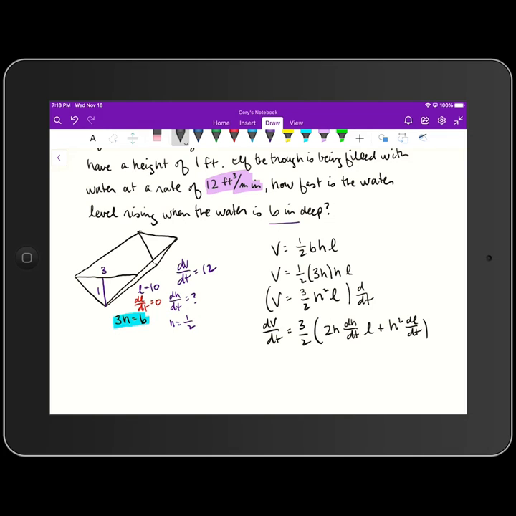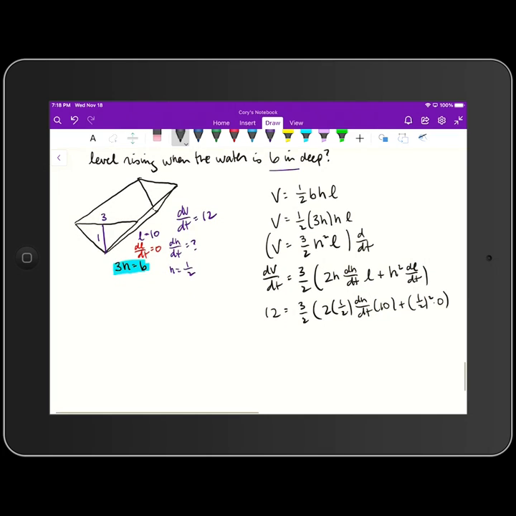Okay, so all we have to do is plug stuff into our equation here. dV/dt is 12, and that's equal to 3/2 times 2 times h, which is 1/2, times dh/dt, which is what we're solving for, times l, which is 10, plus h squared, which is 1/2 squared, times dl/dt, which is 0.